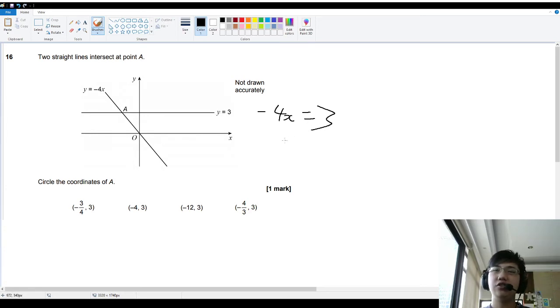So we can rearrange this to x equals, dividing both sides by negative 4, negative 3 over 4. And since there's only one given coordinate option that has negative 3 over 4 for its x value, the first one, negative 3 over 4, 3, is the correct answer for question 16.